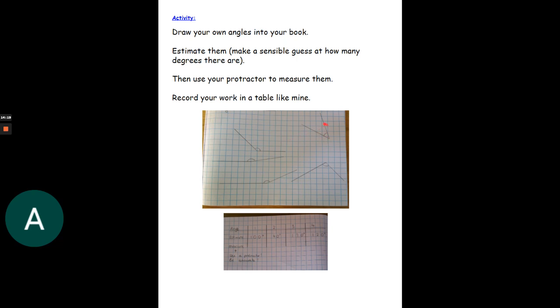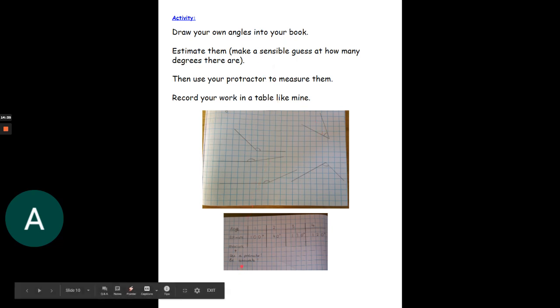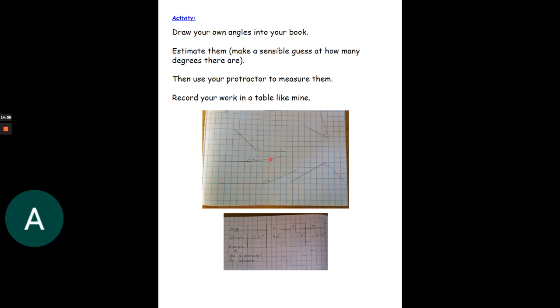If I were to say this was number 2, my estimate is 40 degrees. Why is it less than 90? That's right, it is an acute angle, it's going to be less than 90 degrees. So that's what I mean by a sensible guess. Okay, we're going to use a protractor to measure them once we've made our estimates. Have a go. Pause the video.